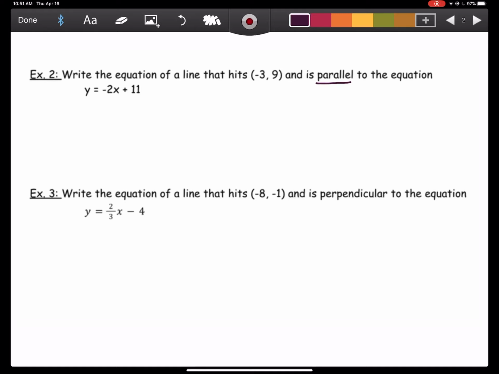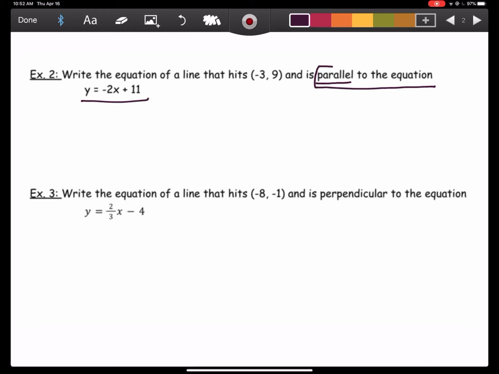So why am I bringing that up? Let's read the question. Example 2 says, write the equation of a line that hits -3, 9 and is parallel to the equation y equals -2x plus 11. Notice how in example 1, I told you the slope straight out, but in example 2, they're telling you information about the slope.